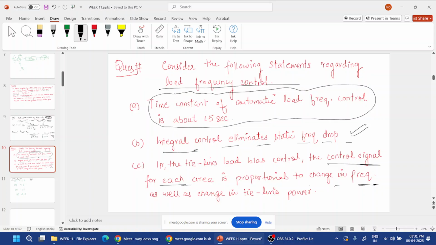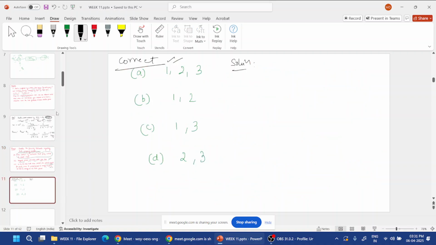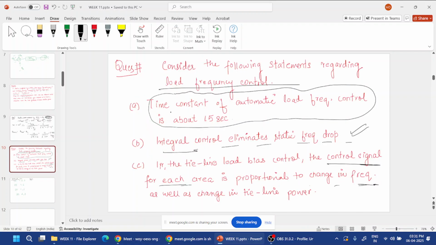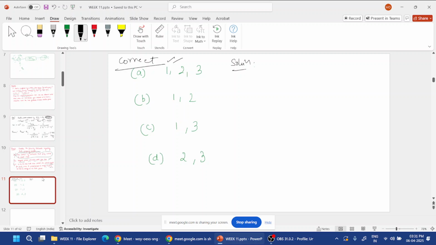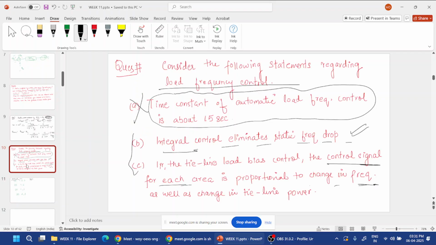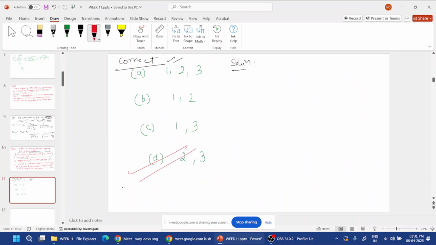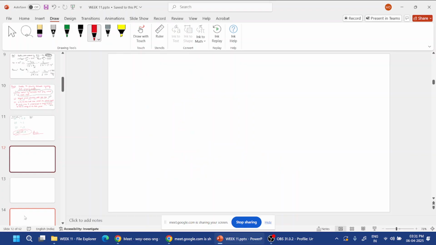We have already gone through this. The first option says the time constant is about 15 seconds. No, it's not correct. So these are one, these are two, these are three. Basically, two and three is the correct answer. Okay. Now next question.